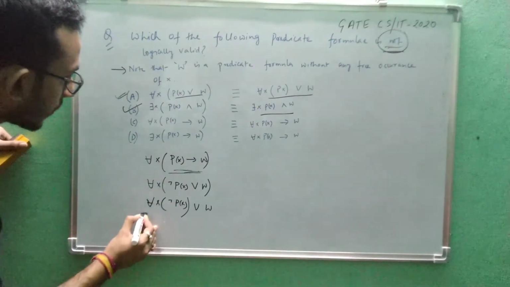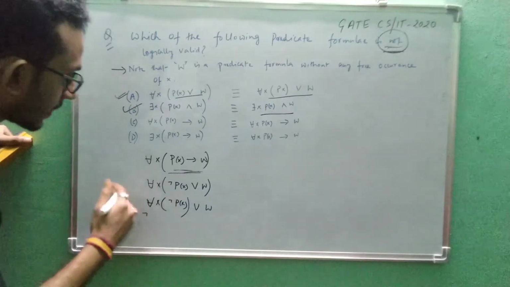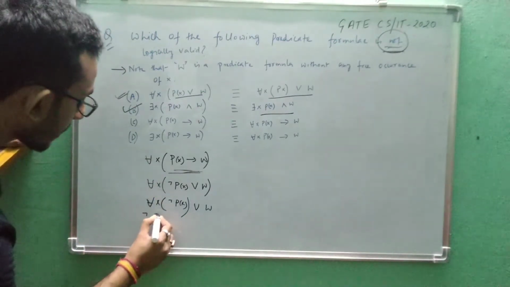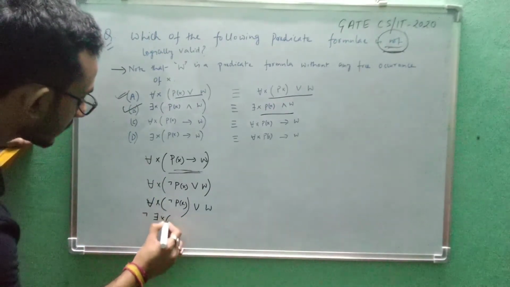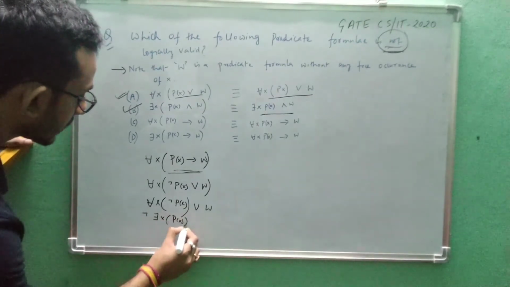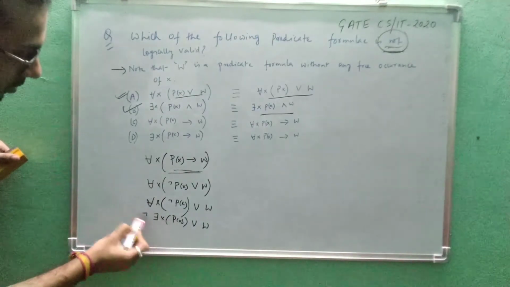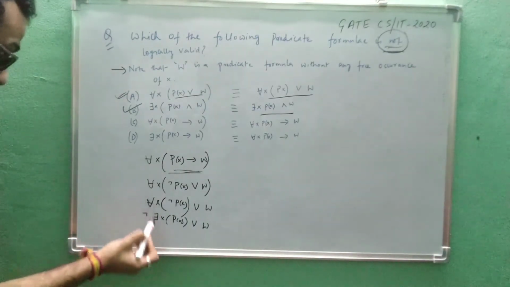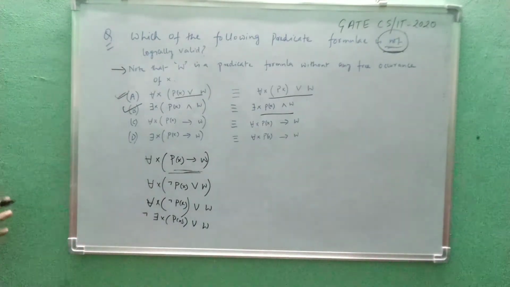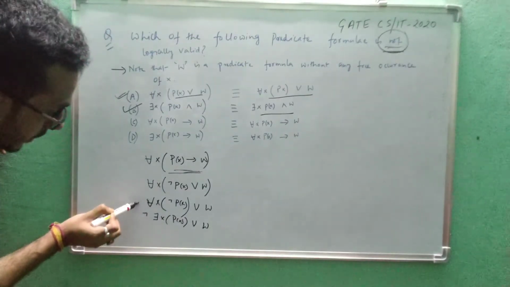These are some of the terminologies you should know. It will convert this to not of there exists X P of X. If it comes out, it will make this for all into there exists. Just try to understand the logic of why these two are equivalent.